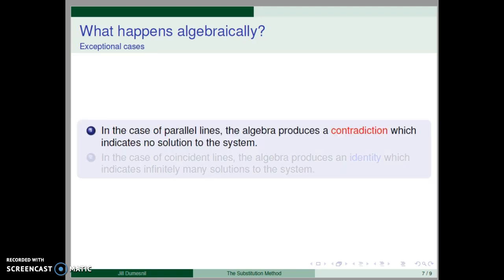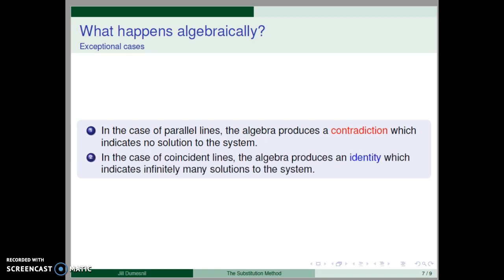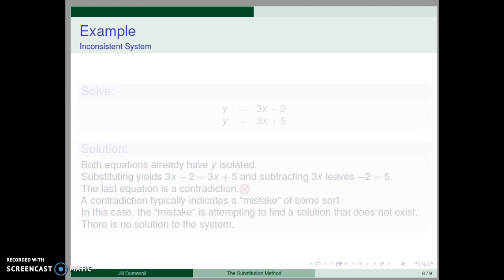In the case of parallel lines, the algebra produces a contradiction, which indicates there is no solution to the system. In the case of coincident lines, the algebra produces an identity, which indicates there are infinitely many solutions to the system. Let's consider examples of each case.